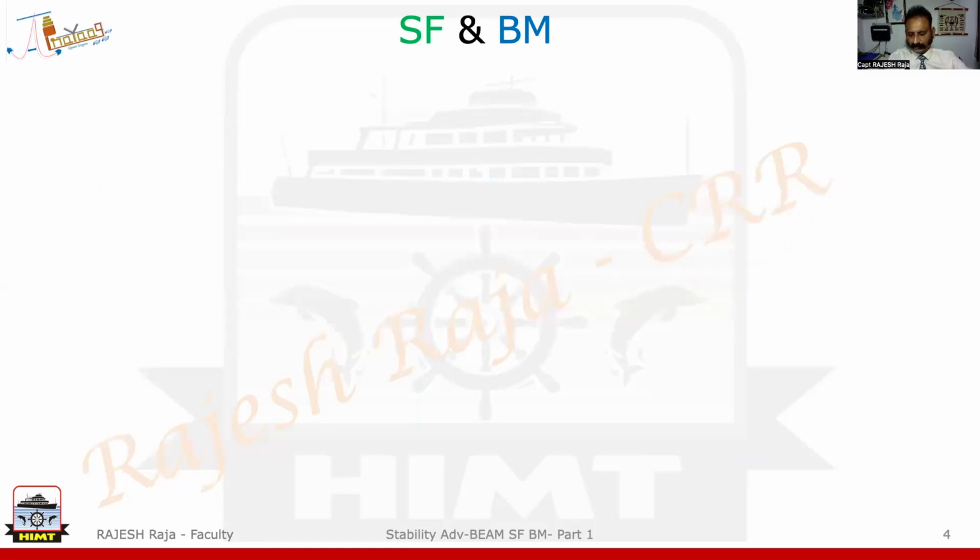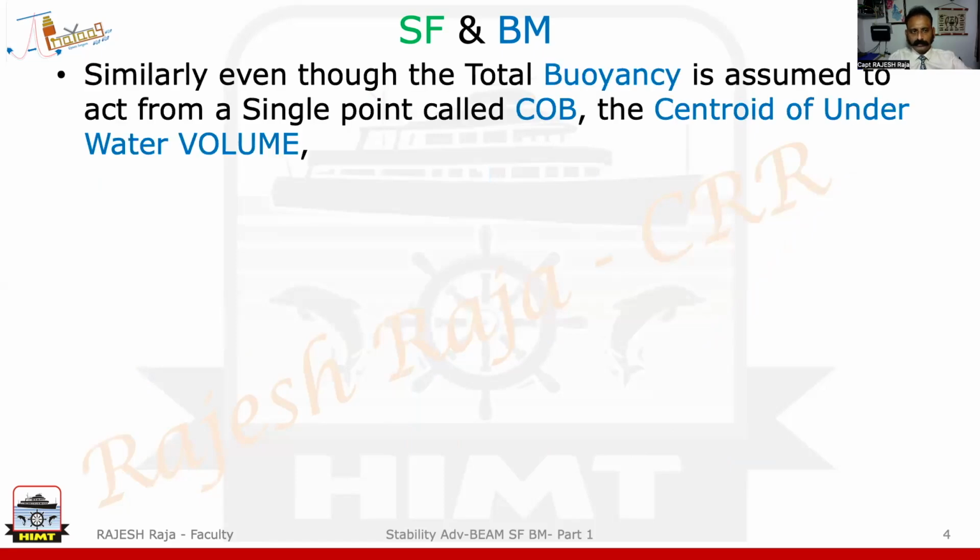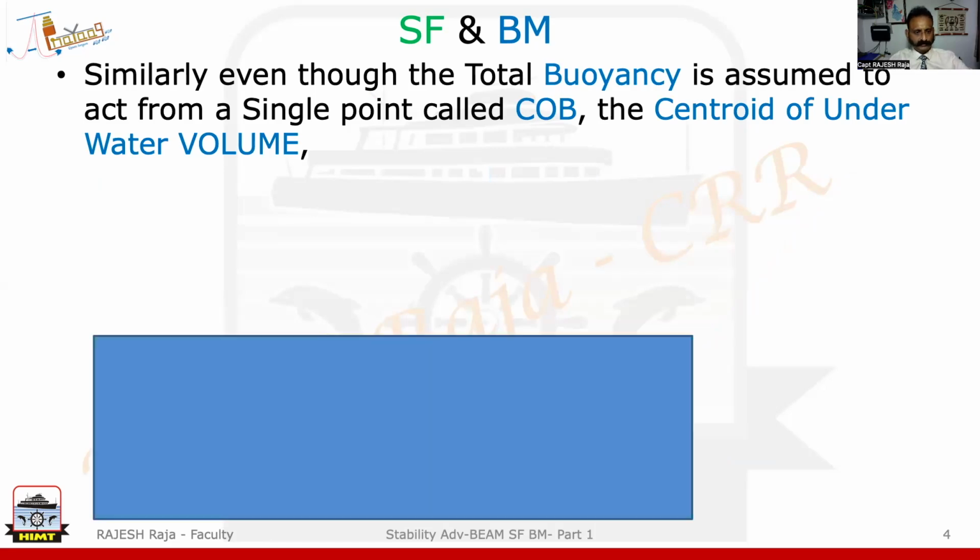Now at the same time, I need to talk about the buoyancy also. Buoyancy is also a force. So that is also assumed to be acting from a point called the center of buoyancy, which is again the geometric center or centroid of the underwater volume. Now this buoyancy also has similar results to what we talked about for center of gravity.